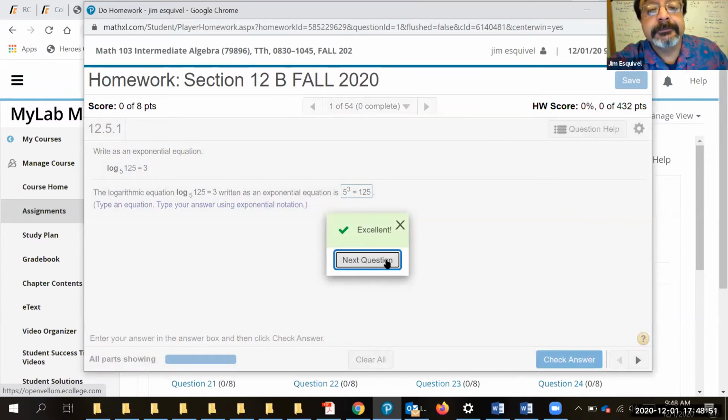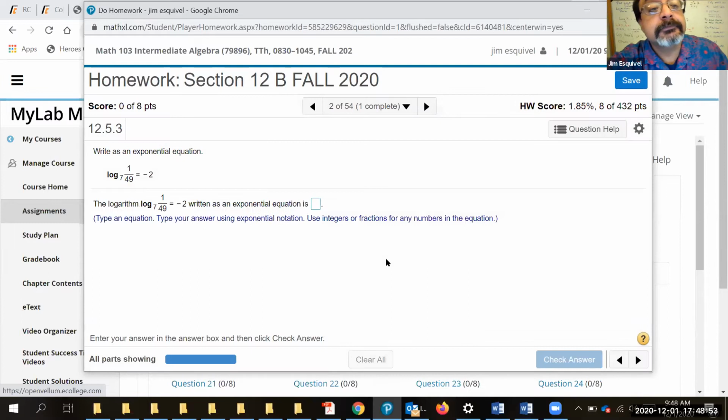That's all you do. On the second one, I'm not going to type it in, but base 7 to the across -2 equals what's inside, 1/49. Base to the across equals what's inside.